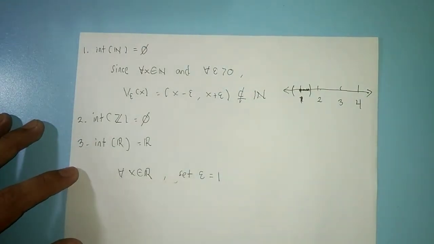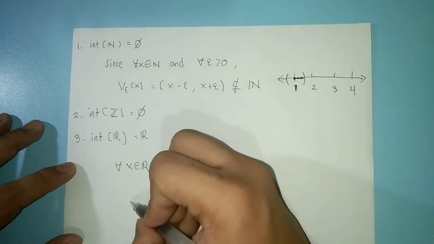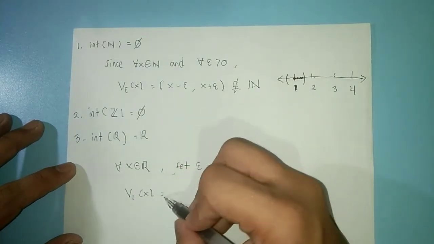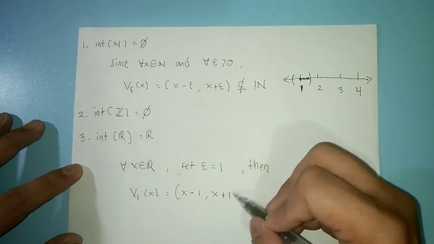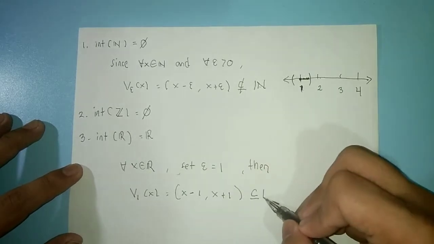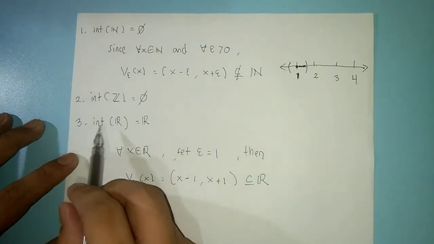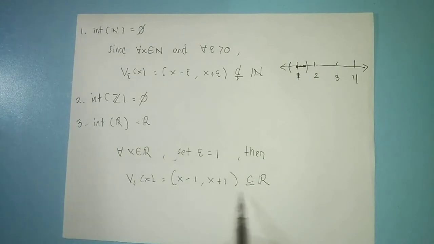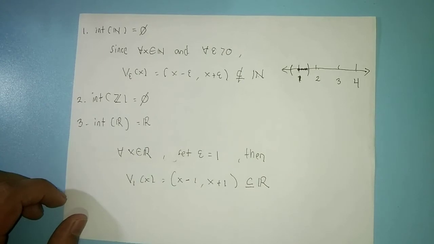So, let's say yung epsilon na yun ay equal sa 1. Then, yung 1 neighborhood ng x, which is x minus 1 comma x plus 1, ay subset pa rin ng R. Okay? So this shows that the interior of R is still R. Kasi yung epsilon neighborhood ay subset of real numbers.